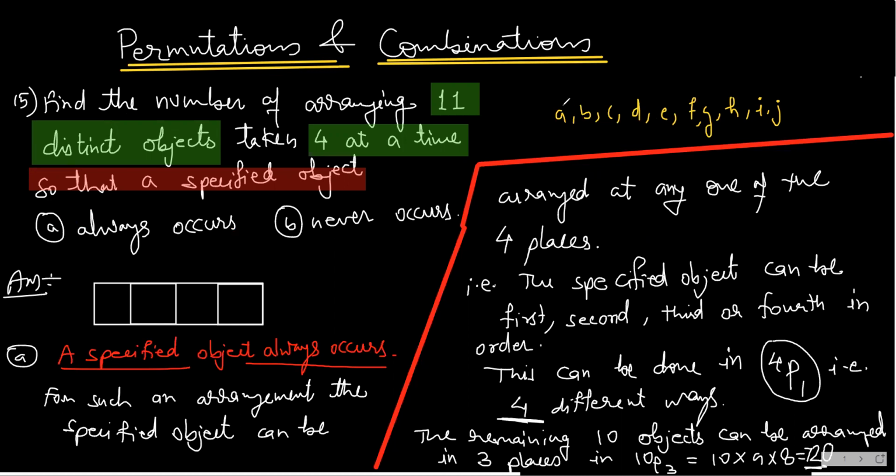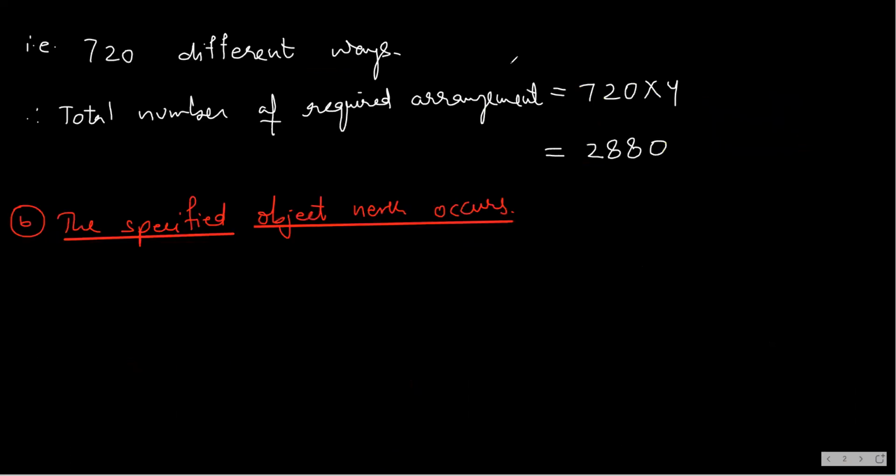So I ignored it. Now how many am I left with? I'm left with 10 objects, and the arrangement will be of 10 objects taken 4 at a time. Since the 11th object, the specified object, is not there, it will never occur in the arrangement. So how will we write the answer?